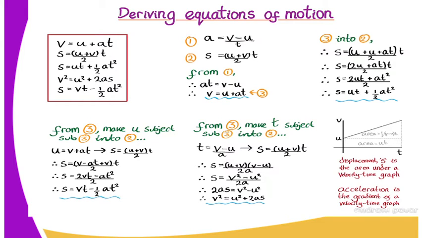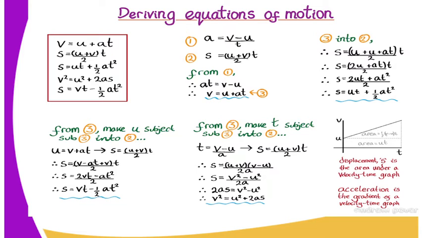The second equation is s = ut + ½at², where s is the distance or the displacement. And the last equation is v² = u² + 2as, where v is the final velocity, u the initial velocity, a the acceleration, and s the displacement. Also, the displacement s is the area under a velocity-time graph, whereas the acceleration is the gradient of a velocity-time graph.